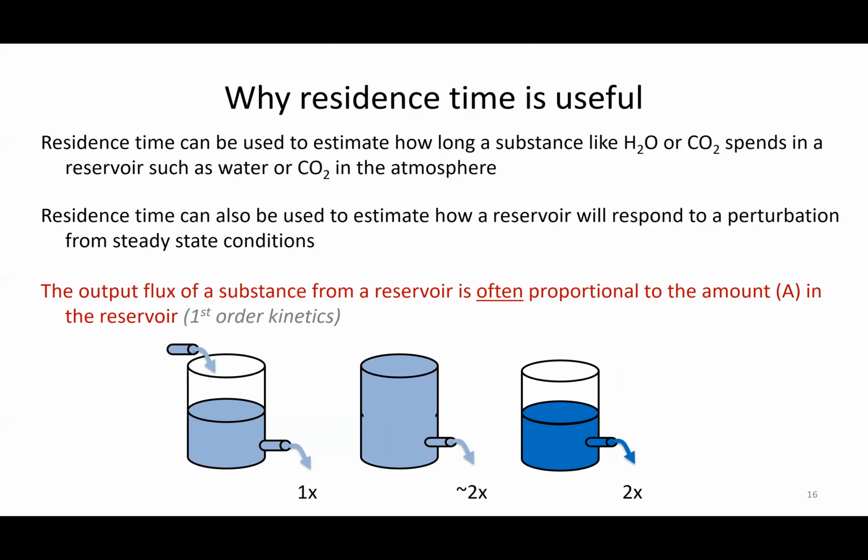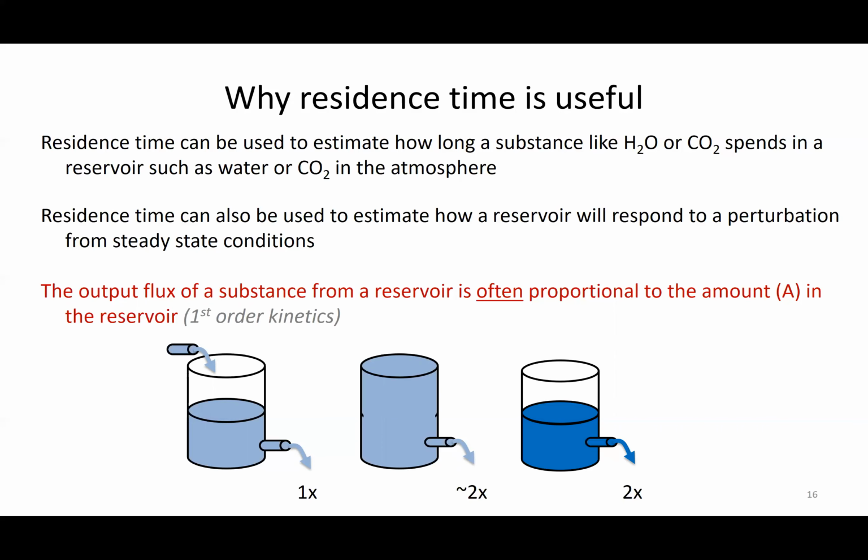One of the key things to understanding what the changes are is that the output flux of a substance from a reservoir is often proportional to the amount of the substance in the reservoir. This is known as first order kinetics in engineering, physics, and chemistry.